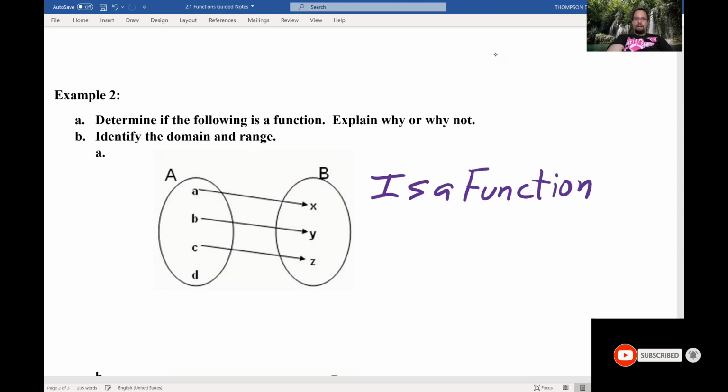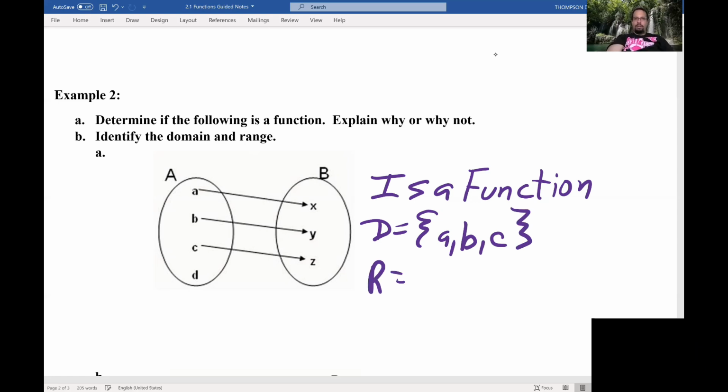Our domain is the part in part A, so it's the parts being used, the A, B, and C. And our range will be just X, Y, and Z. And we're done.